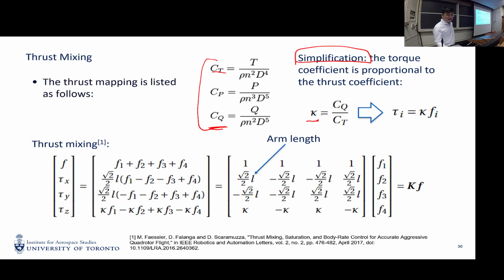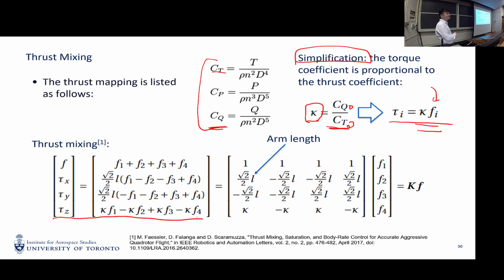So we use kappa to denote the ratio between CQ and CT. This basically means that the torque is a linear function of our lift.